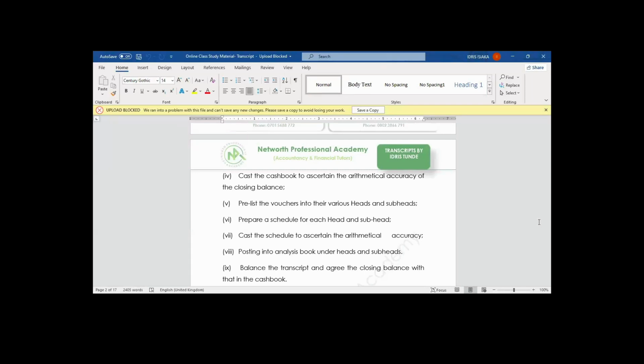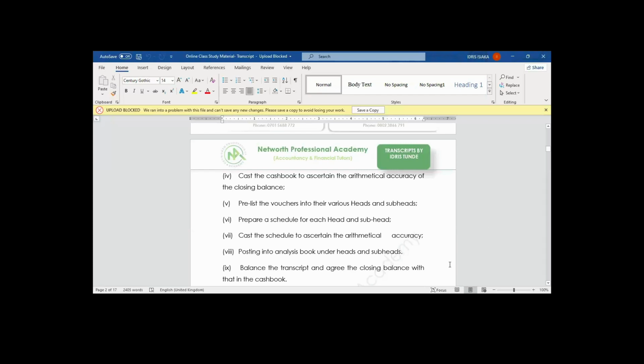You ensure that each of the line items in each head corresponds with the total amounts. Each of the line items in each of the sub-heads tallies with the total amounts. That is what you do.